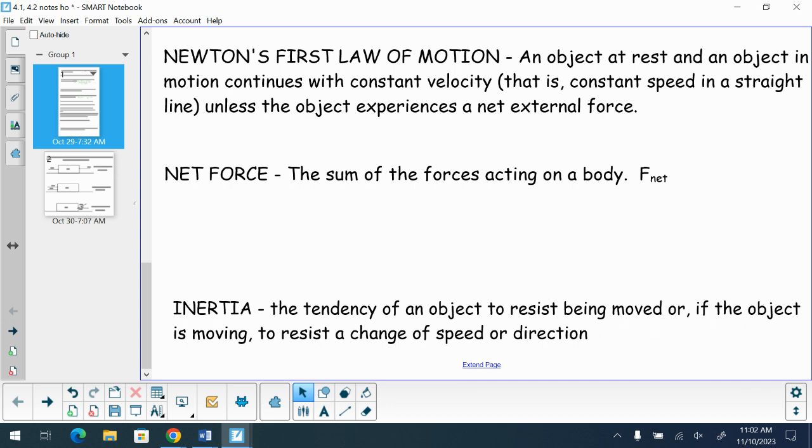You are fighting inertia there because you are resisting the change of what you have, which is a state of rest. So every morning when you get up, you're battling inertia. We all resist that change from rest into motion.